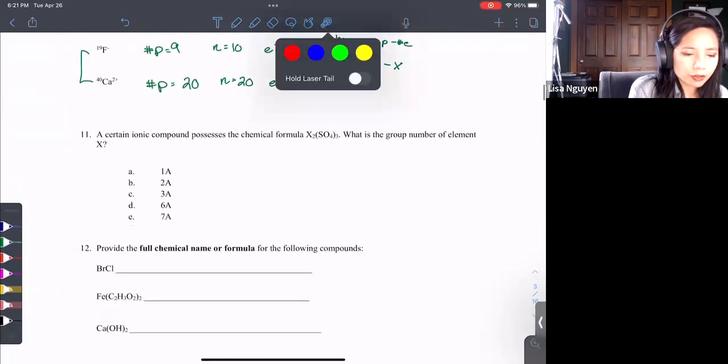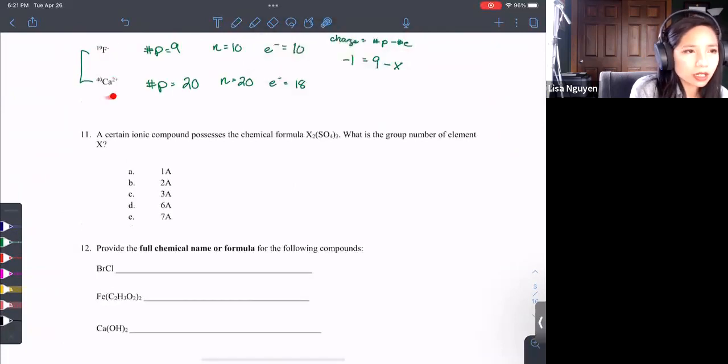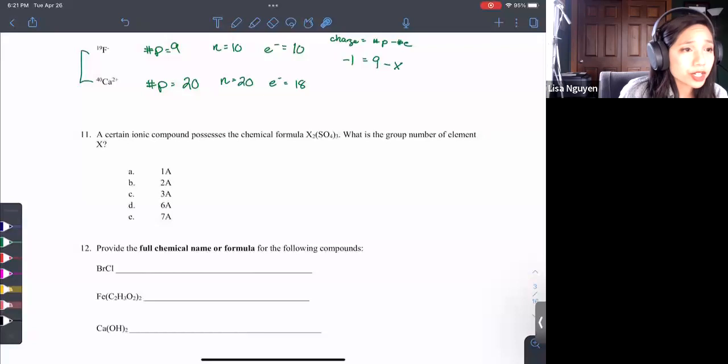So the idea here is that for the fluoride and calcium ions, those are typical charges of fluorine and calcium, where we can predict the charges of elements when they are ions based upon their group number. Fluorine, we know, typically makes a -1 anion because it's in group 7.